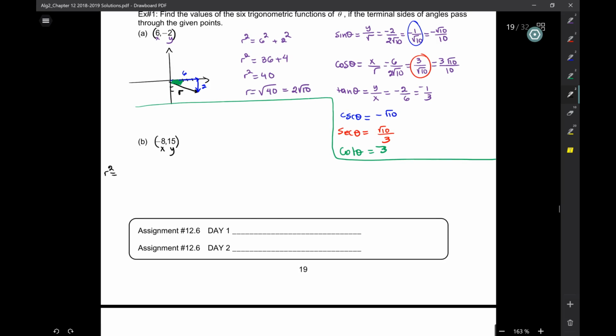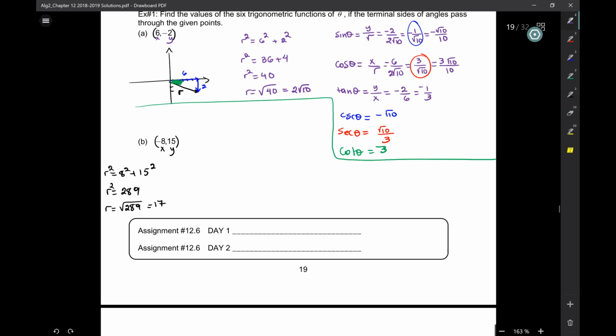So r squared is equal to 8 squared plus 15 squared. That's how much? 289. And when I take a square root, it's 17. Good job.